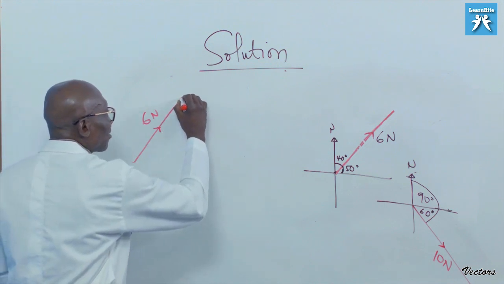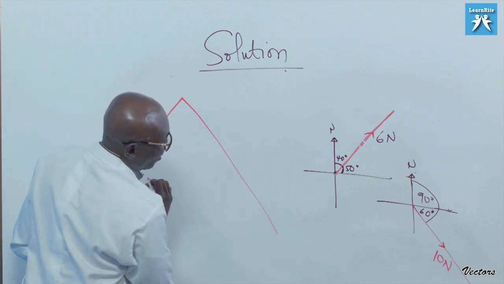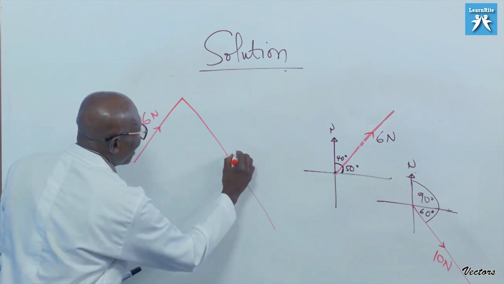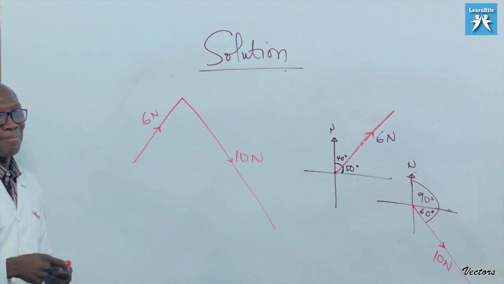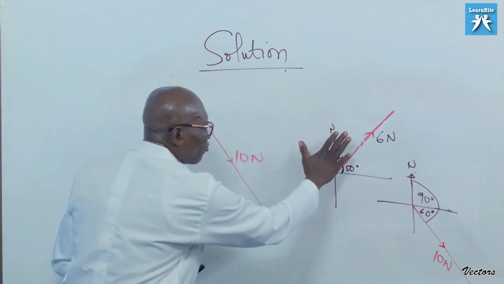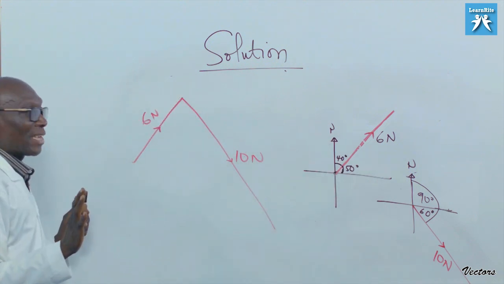So I'll draw this down. And this one should be longer than that. And I'll put 10 newtons here. So then step by step. Once I've been able to draw them individually, I can now take one and then join it to the other one. And this is what I've done.